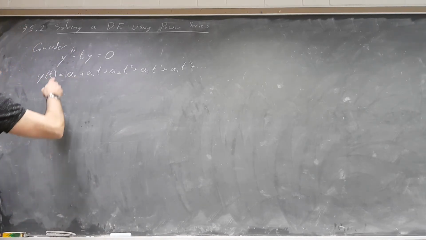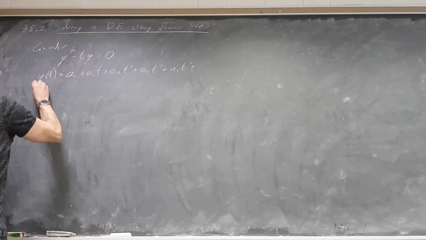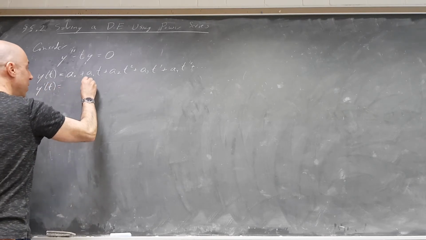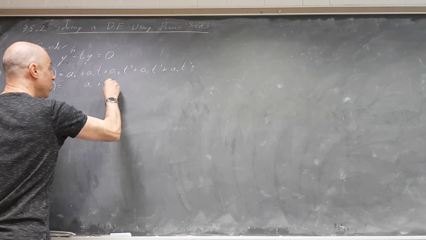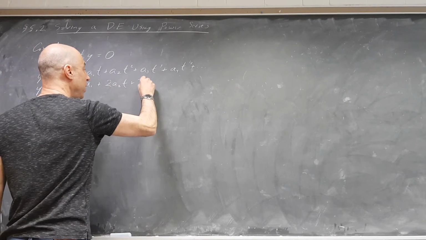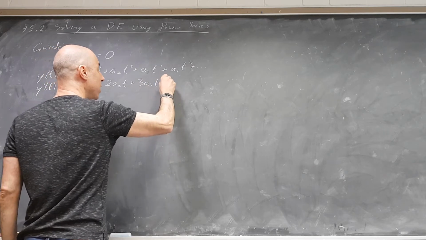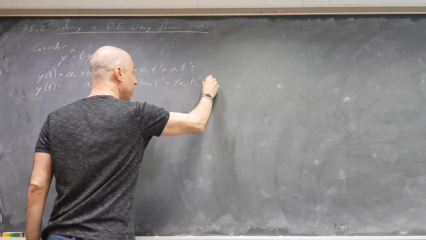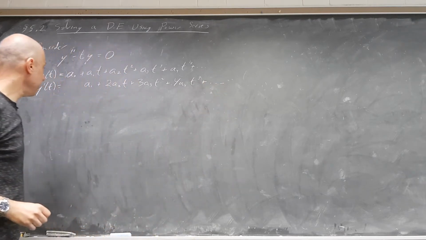And we're going to need to take the second derivative. So y prime of t is going to be A1 plus 2A2t plus 3A3t squared plus 4A4t cubed plus and so on.